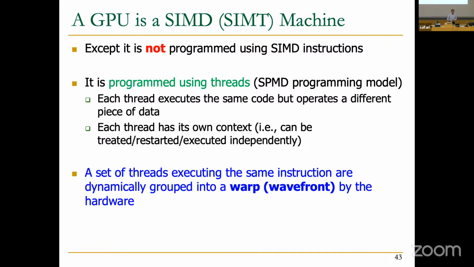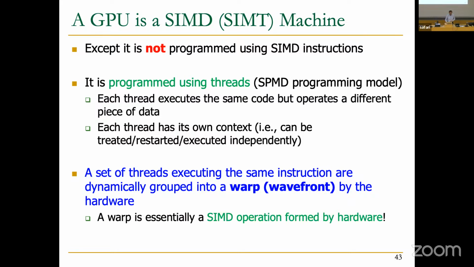So a set of threads executing the same instruction are dynamically grouped into what is called a warp. This is NVIDIA terminology. Wavefront is the AMD terminology. I'm going to describe this in a little bit. Basically, the hardware groups these threads that are executing the same instruction, meaning that they are at the same program counter. Of course, initially, this is easy if your programming model expresses this, and it does. But you can do more. So a warp is essentially a SIMD operation formed by hardware, as we will see.